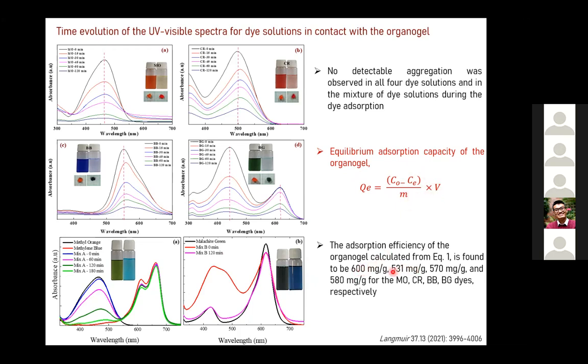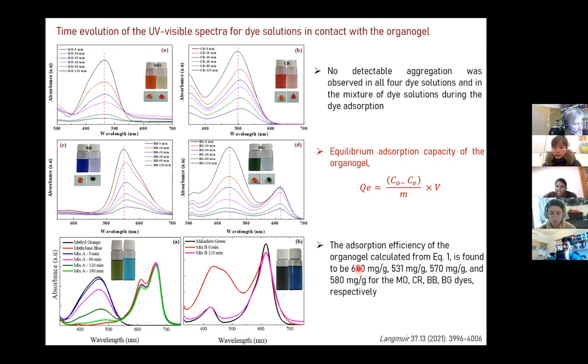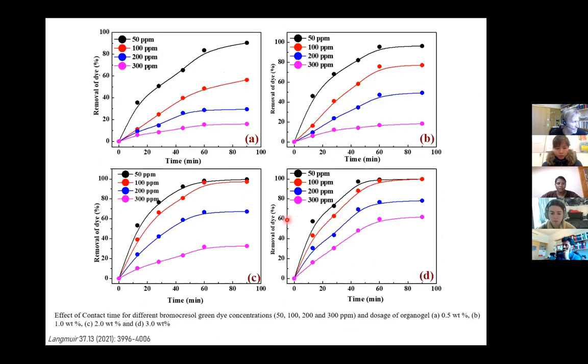And we found that about 600 milligrams per gram of the dyes is being absorbed. This is for methyl orange dye, then Congo red, these are for the brilliant blue, and these are for the bromocresol green dyes.